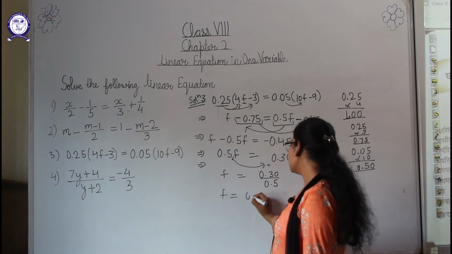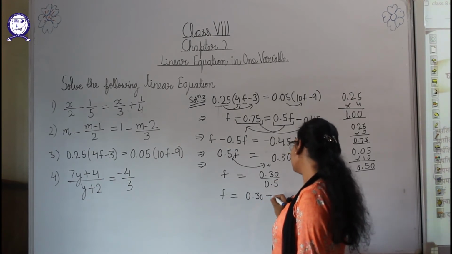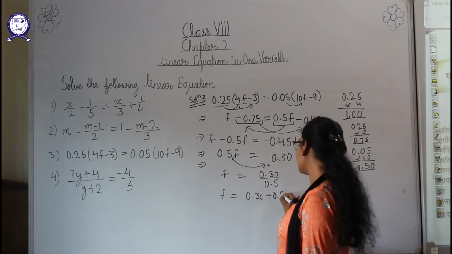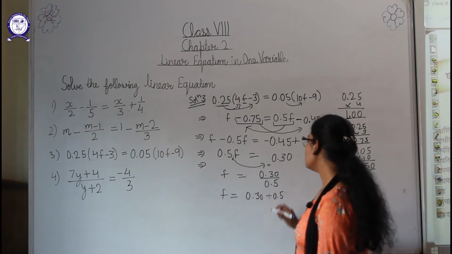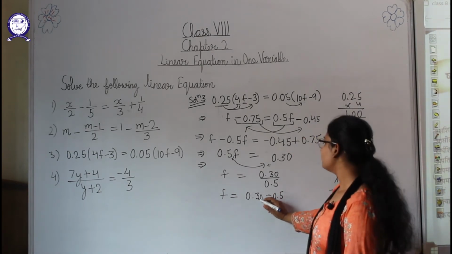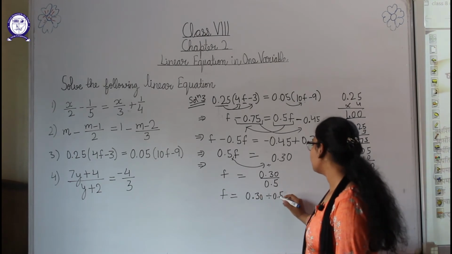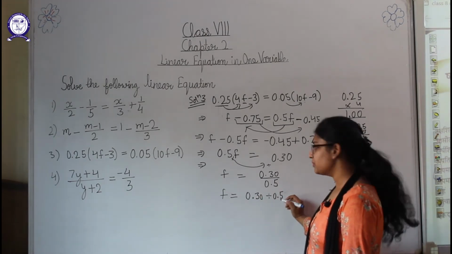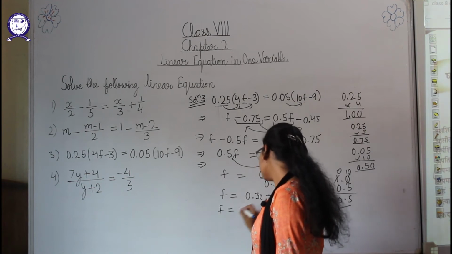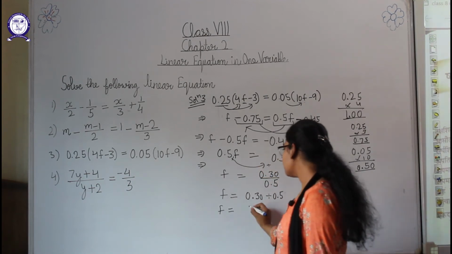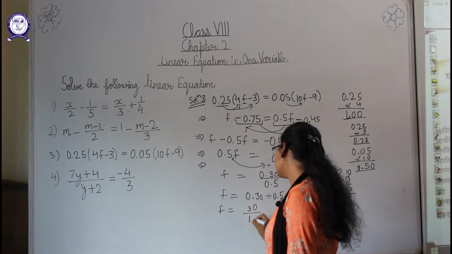We can write this as 0.30 divided by 0.5, we can write like this also. And you know the division, how we do the division when both numbers are decimal. So we will solve them like this. 0.30 can be written as 30 by 100.